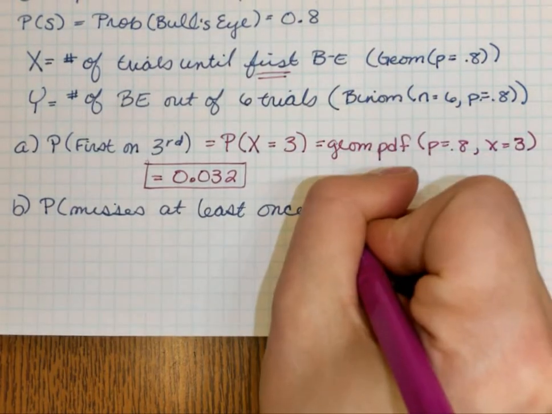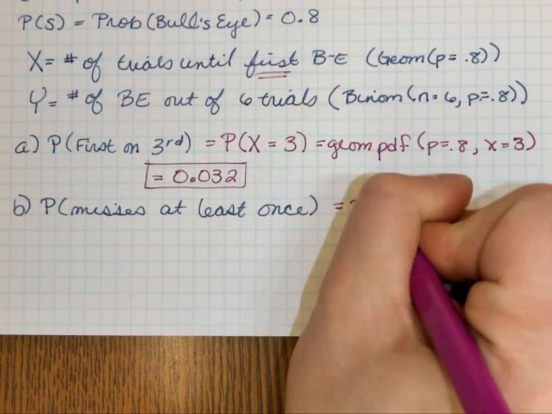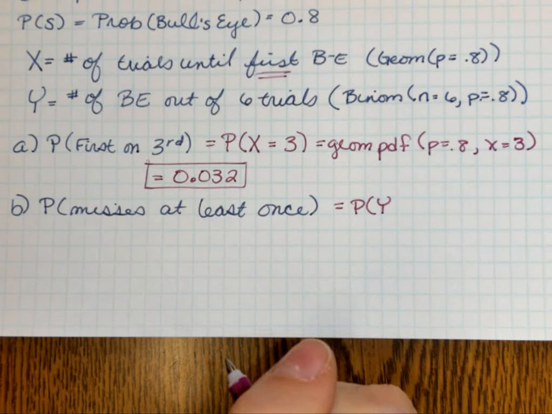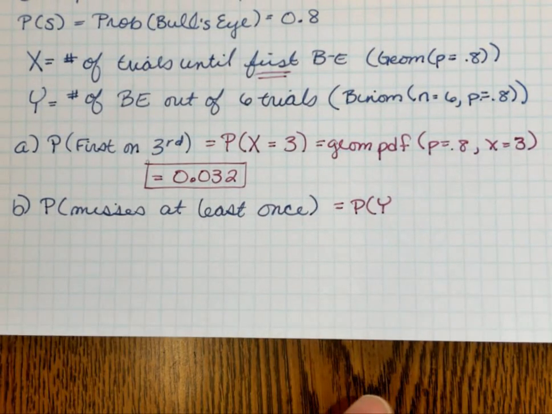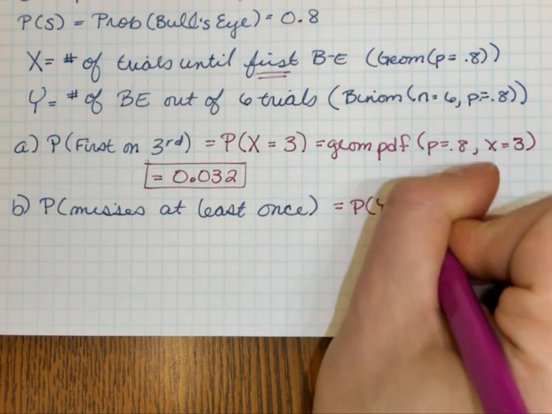That's Y. At least. What kind of a math symbol is at least? Less than or equal to? Greater than or equal to? So if I say at least 6 people, does six people qualify? Yes. So this is greater than or equal to.